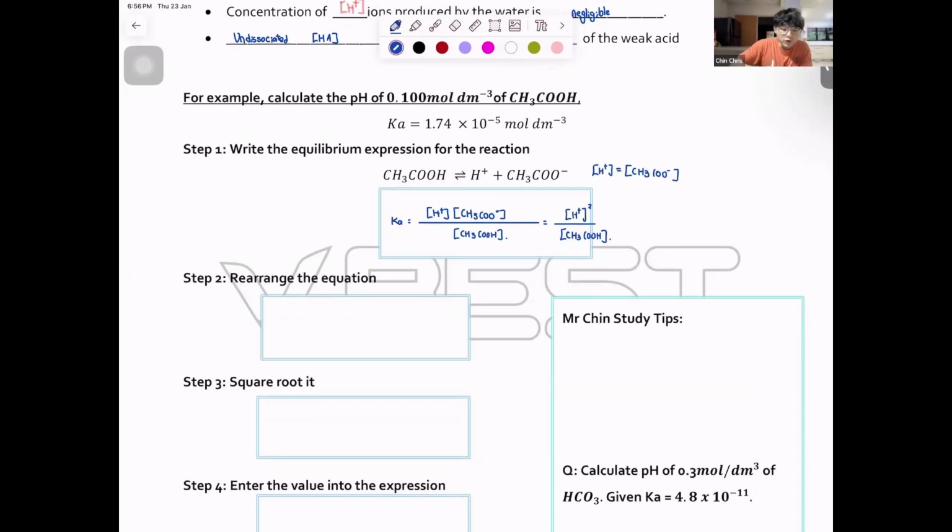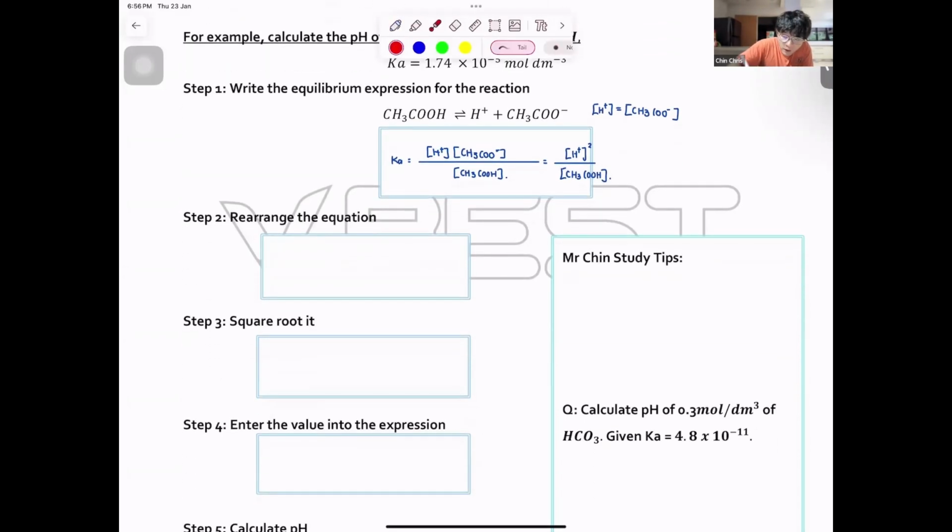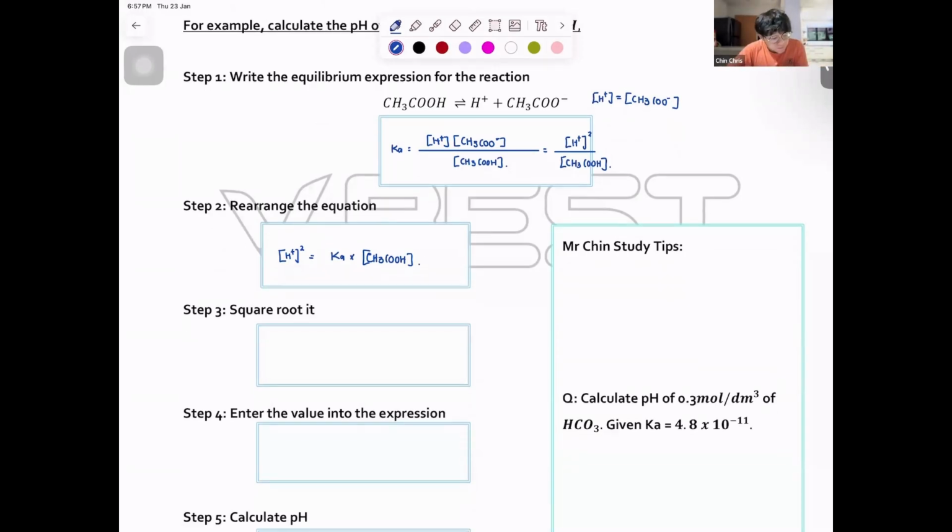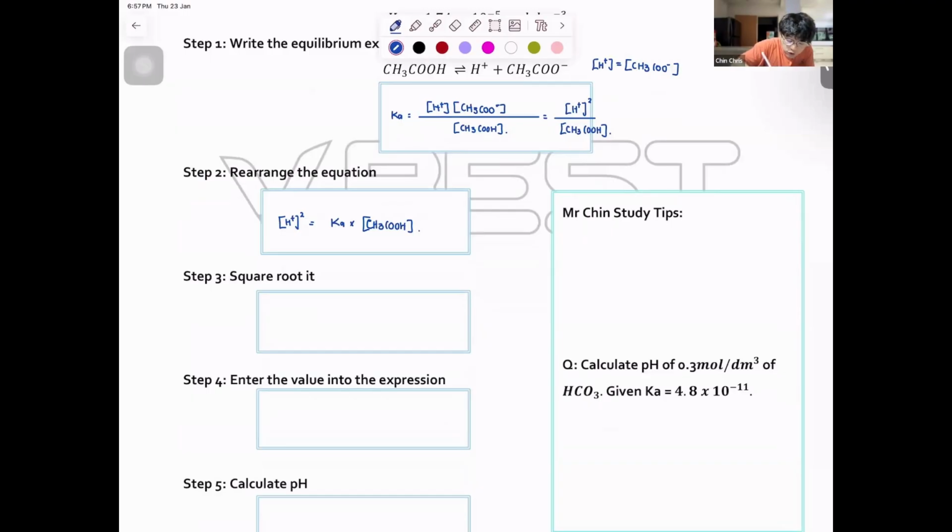And after that, we arrange the equation. Move this entire thing over, and I say that H plus square equals Ka times the concentration of CH3COOH. And after that, square root it.